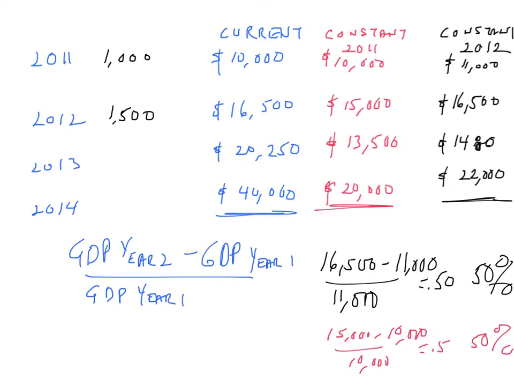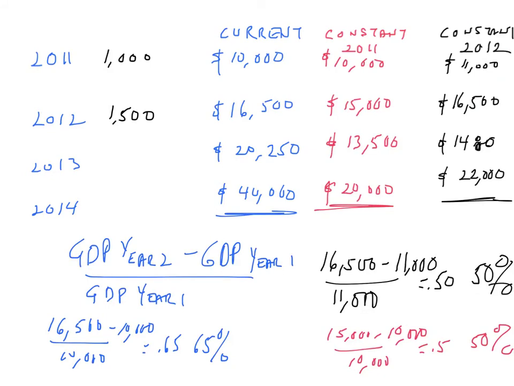And if we were to compare that with the nominal growth rate for those 2 years, in nominal terms it would be 16,500 minus 10,000 divided by 10,000, which I calculate to be 0.65 or 65% growth rate. And that's because we're including the increase in prices in there, which we don't want to do.